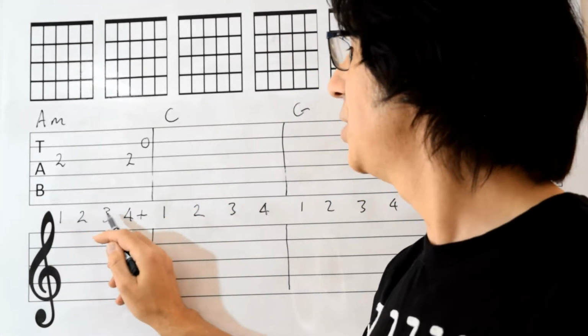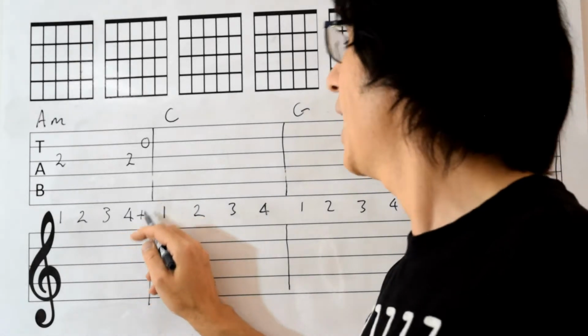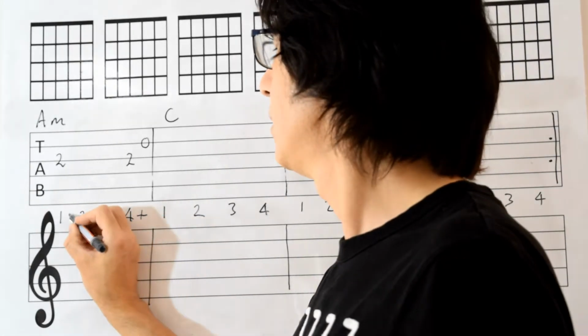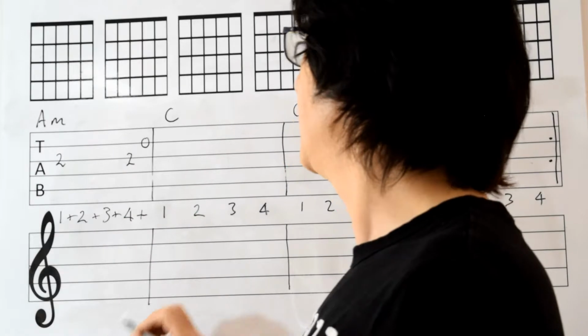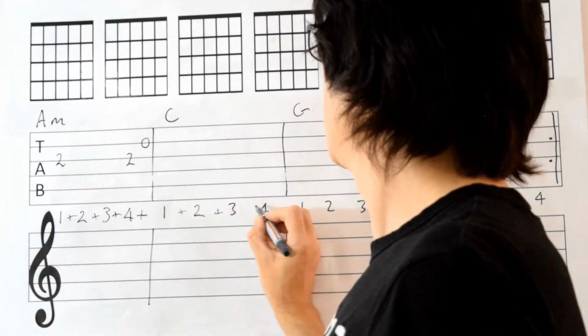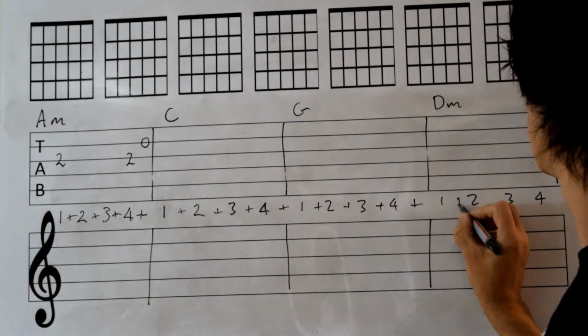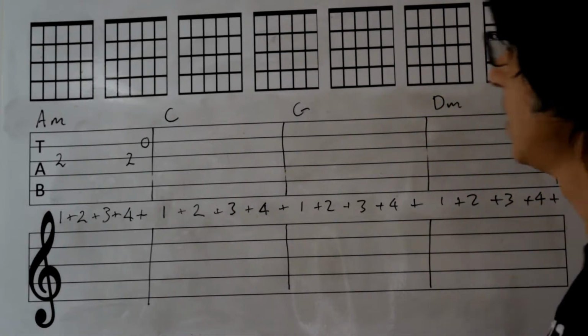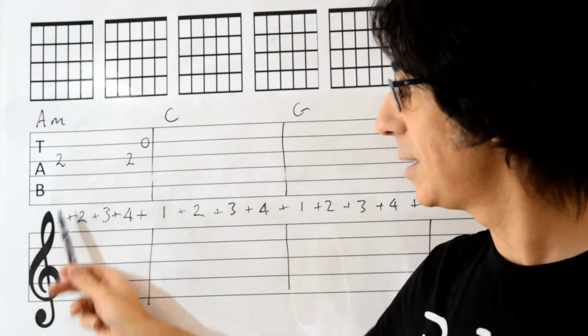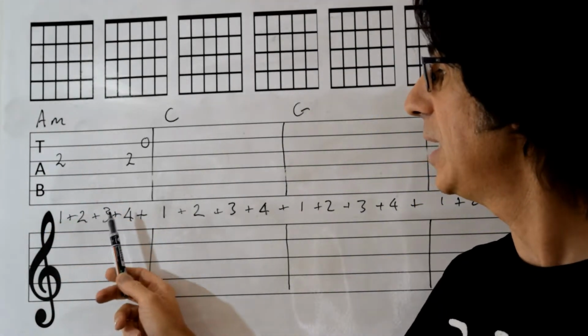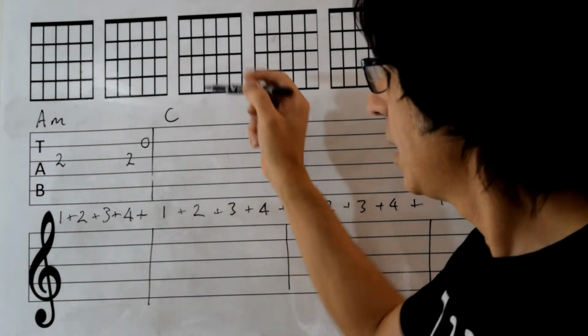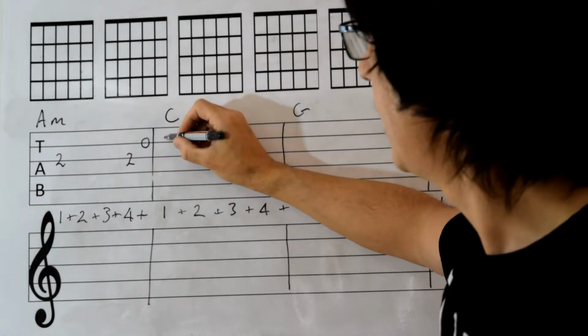So 1 and 2 and 3 and 4 and. We can of course put ands in between every one of these if we want to, just so we know where our count is. So it's 1 and 2 and 3 and 4 and then a 1 there.